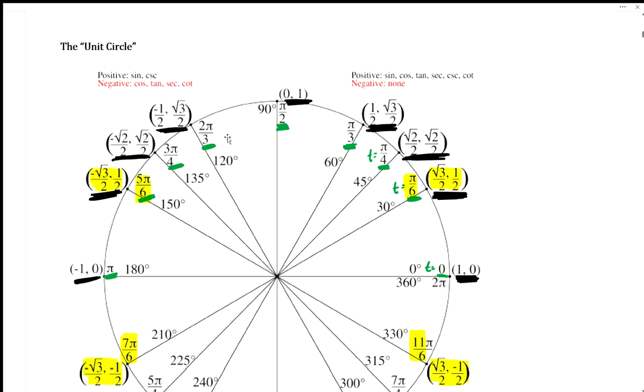Now, another thing that can help us along the way. Pi over 6 is always in the first quadrant. Notice that all of the numerators in the first quadrant for our t values are just pi, so there's not another number with them. Afterwards, in the other quadrants, they start to have other numbers besides just pi. This highlighted one on the top left in the second quadrant is 5 pi over 6.